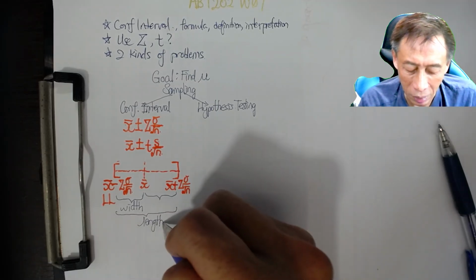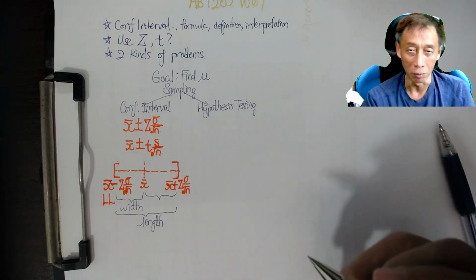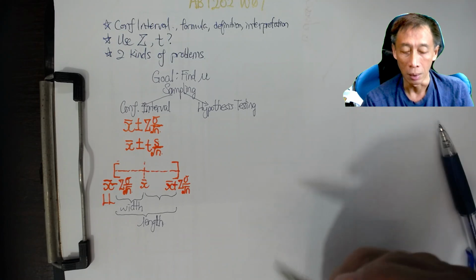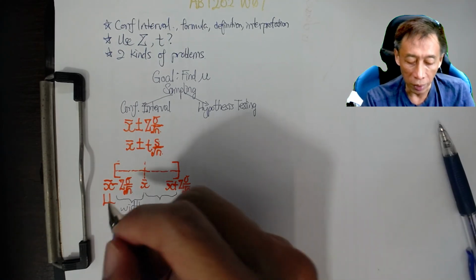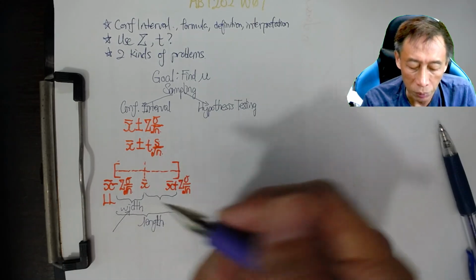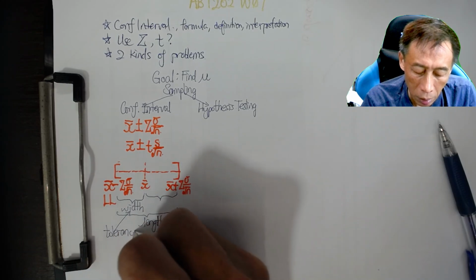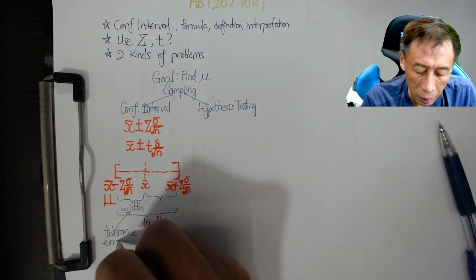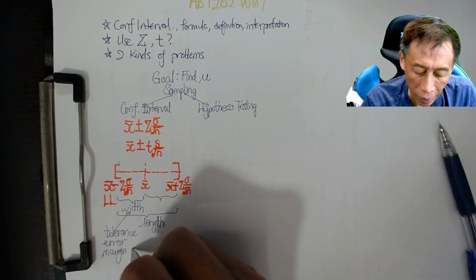But we seldom ever call it the range of the confidence interval. We might call it the length instead. So the length and the width have some other localized terms. It might be called tolerance. It might be called error. It might be called margin of error.